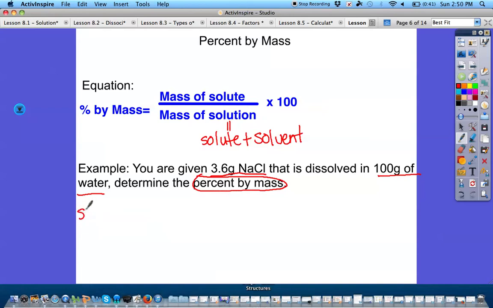So first we have to determine what is our solute and what is our solvent. Well, remember we said that the solute is going to be in lesser amount. So that in this case is going to be the 3.6 grams of sodium chloride. And the solvent is going to be the 100 grams of water. It is in greater amount.